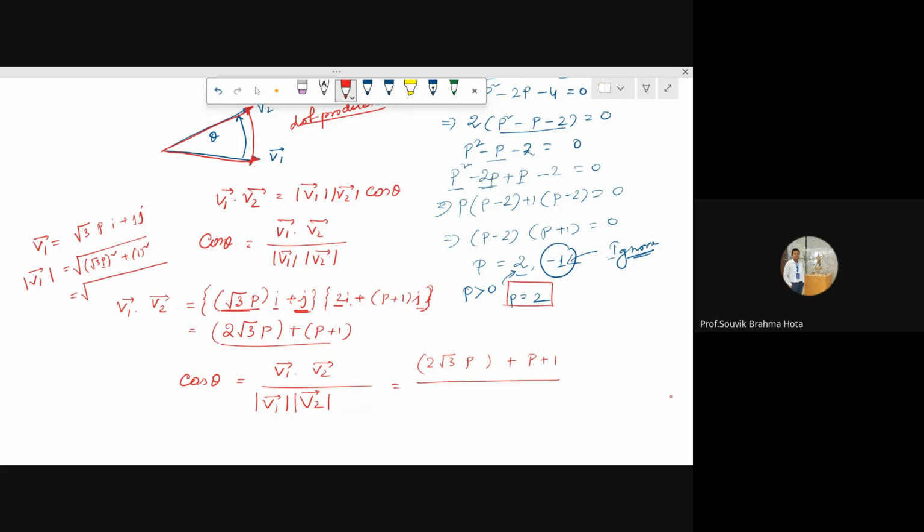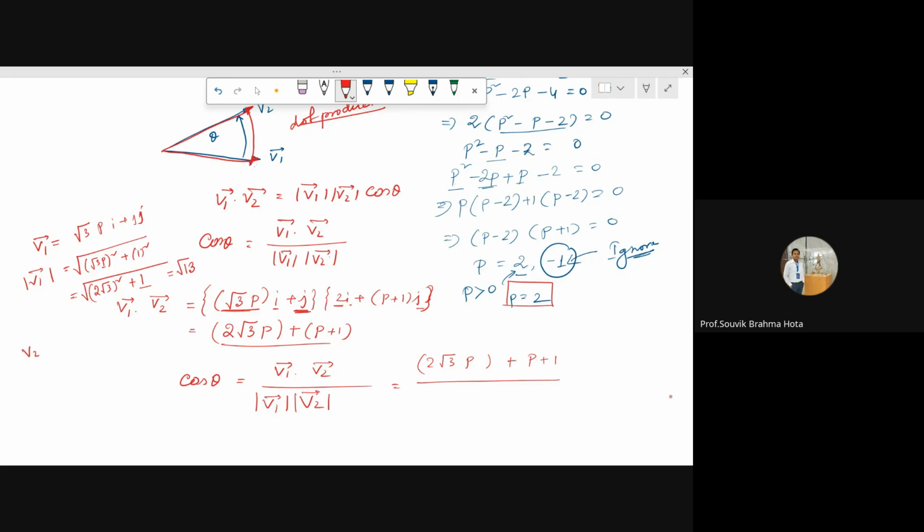So square root of 2 root 3 whole square plus 1. 2 root 3 whole square is 12, because 2 twos are 4, and 4 into 3 is 12. Plus 1 is 13. So v1 modulus is square root of 13.